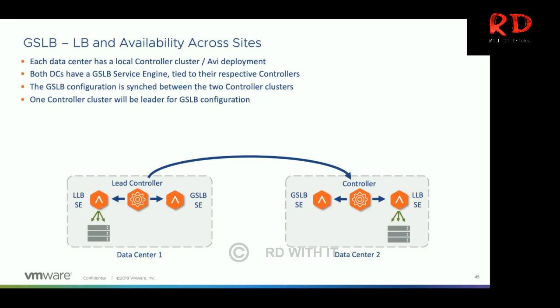So there's another question from Chong. Yeah, GSLB, how many sites can be supported? Sure. Actually, I don't know the upper limit, but I've never seen a deployment where the limit is reached.